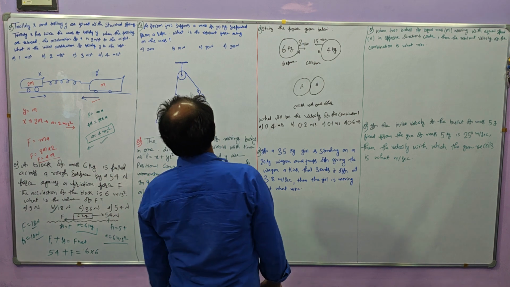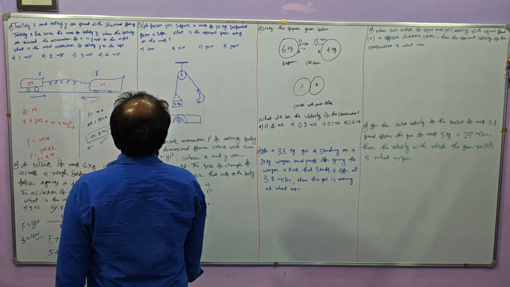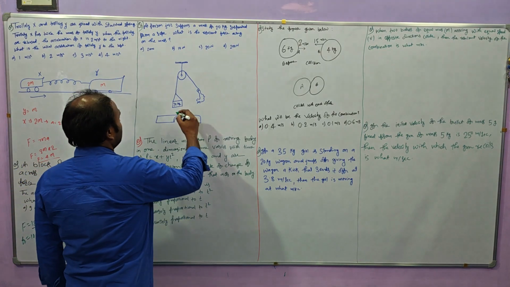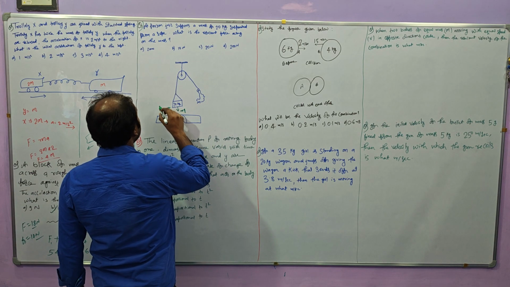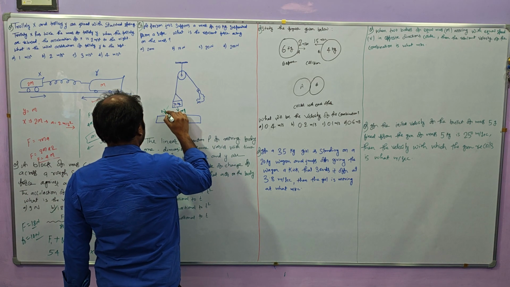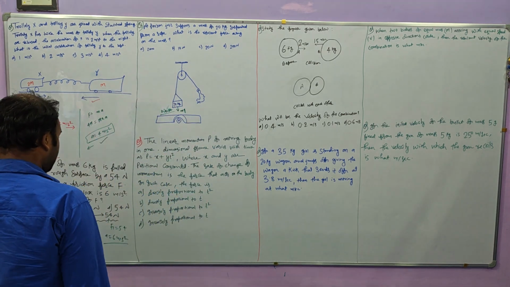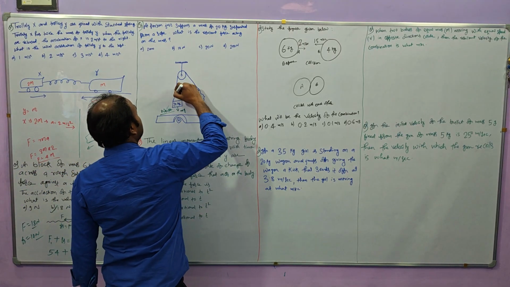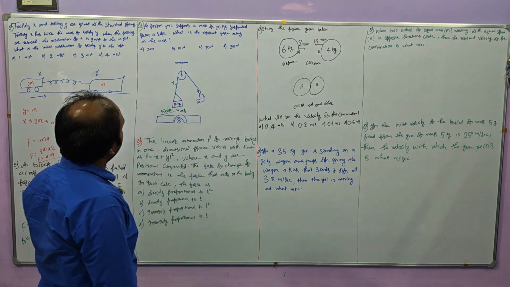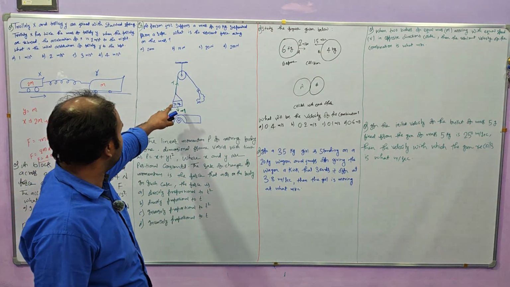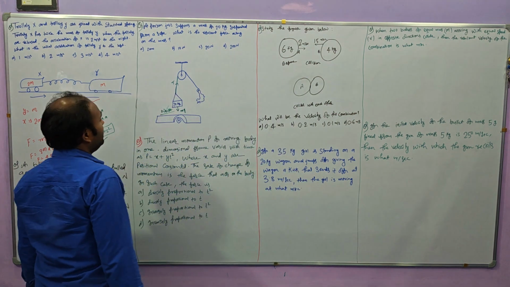A person just supports a mass of 20 kg suspended from a rope. What is the resultant force acting on the mass? Here downside there is mg because of weight. A downward force mg is acting, and there is a tension T on the upper side, and this block is in rest position.